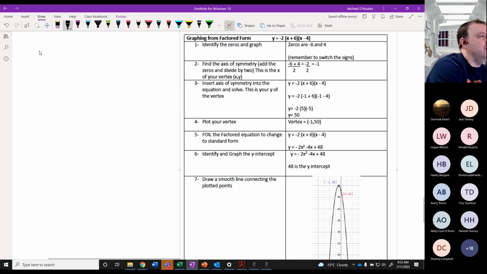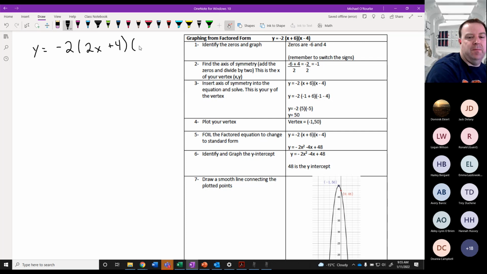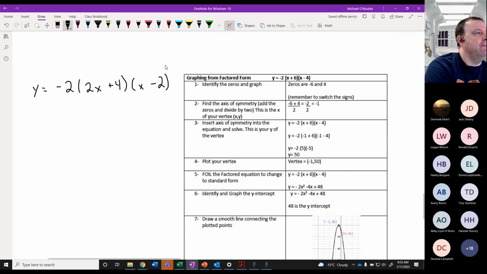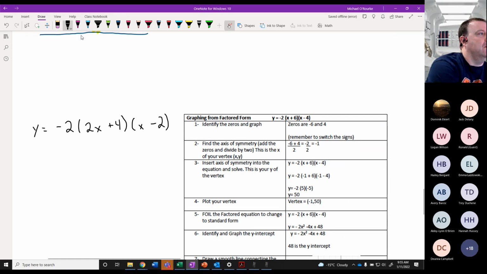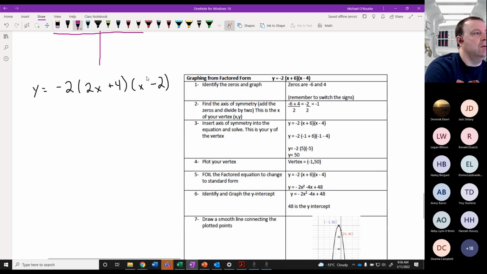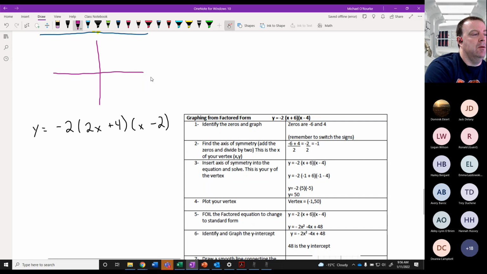So your equation is y equals -2 bracket 2x plus 4, x minus 2. Okay. So let's identify the zeros.